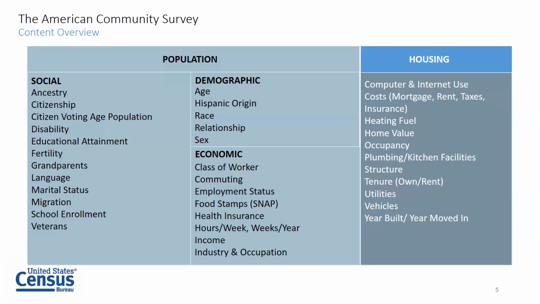This is the same information collected on the decennial census. Economic characteristics below include topics such as income, employment status, and the others you see here. Housing characteristics listed on the right include both the physical and financial characteristics of housing, such as year built and home value.